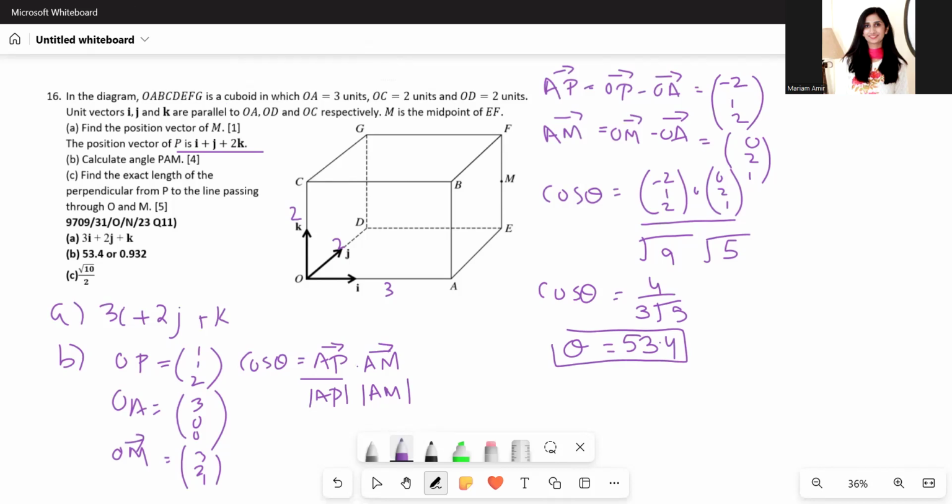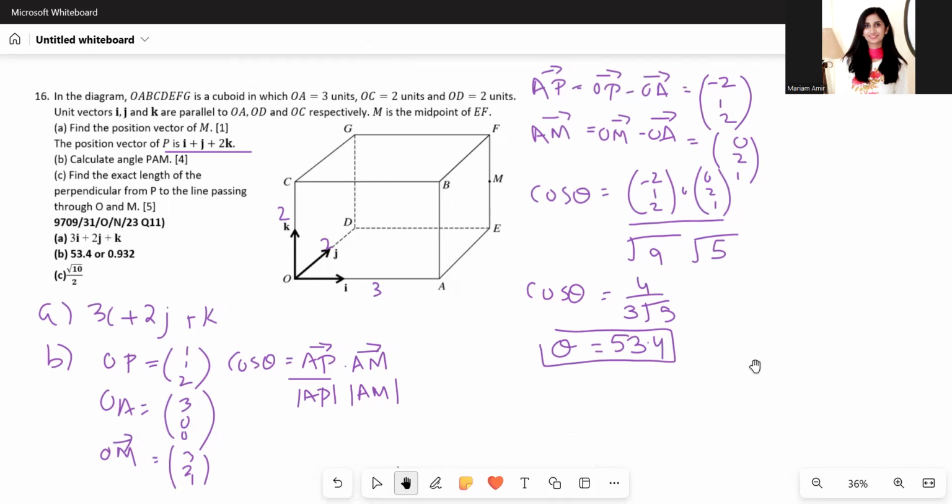Part C says, find the exact length of the perpendicular from P to the line passing through OM. All right. First, I need the line passing through OM.